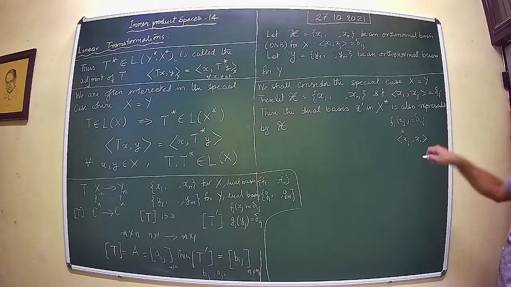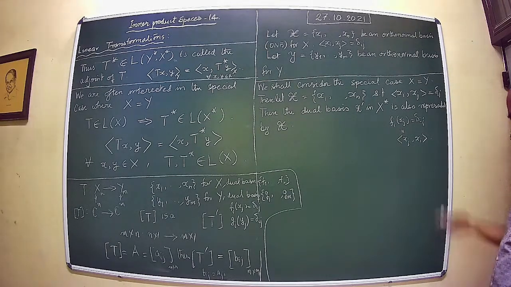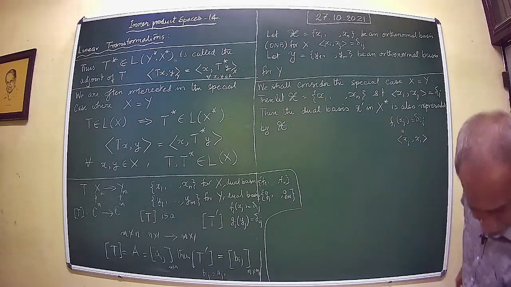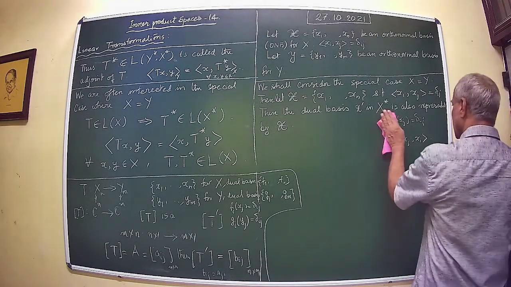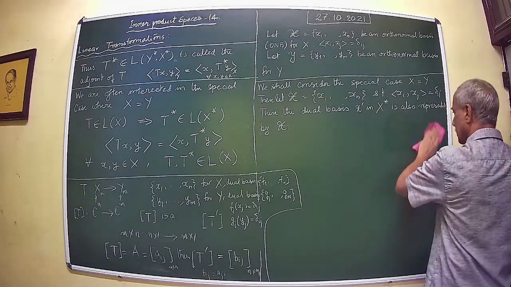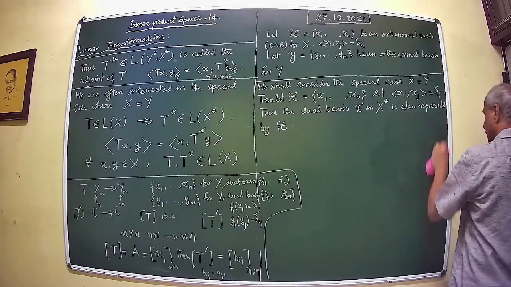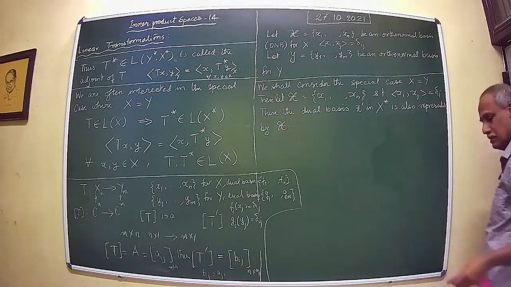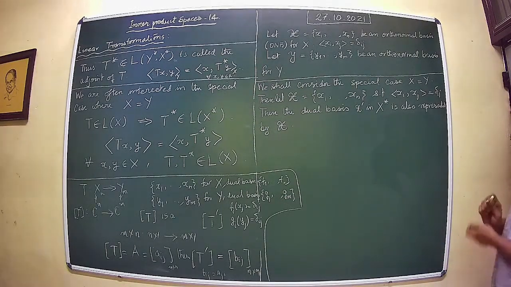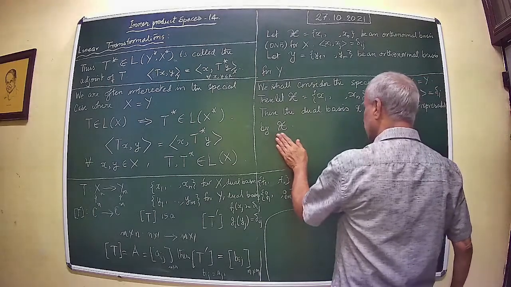So this is equal to 1 whenever i equal to j, otherwise it is 0. Therefore, you see that it's the same orthonormal basis which serves as a dual basis also. So that you can now start working on this.